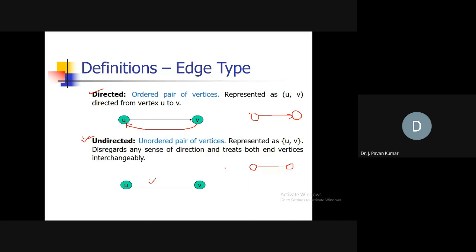And can we have a combination? Yes, we can have some of the edges as directed, some of the edges as undirected. Then in that sense, if you need to classify it as either a directed graph or an undirected graph, which one will be suitable?